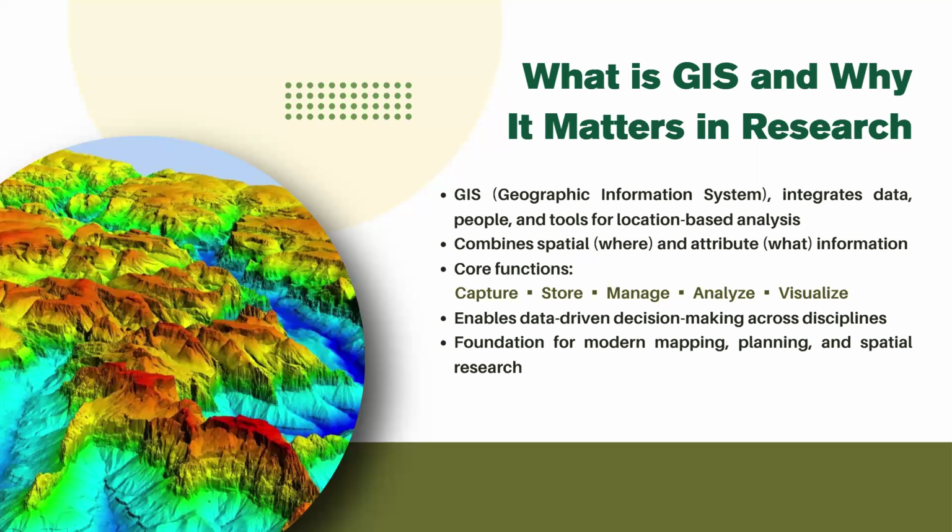It doesn't just tell you where something is happening. It actually helps us understand what it is and why it matters. For example, imagine you are studying trees in a city. The spatial data would be the geographic locations of the trees, their latitude and longitude values.